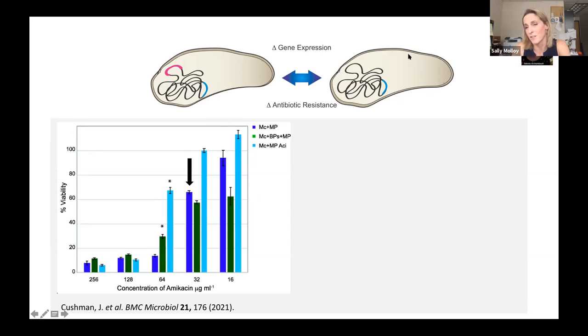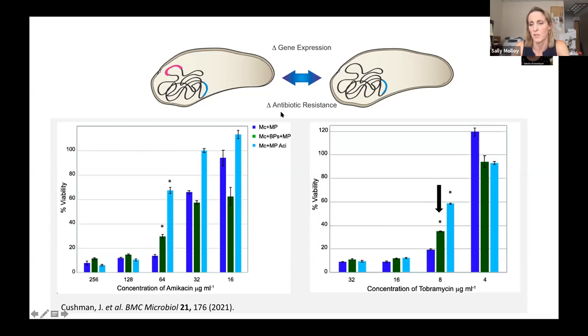As a positive control, we treated this strain with acivicin, which we knew would turn on YB7 and increase resistance, and that's what we saw. So an increase of an MIC to 64. But our double lysogen also grew at 64 micrograms per mil. And so the presence of the second prophage increased the drug resistance. We saw the same thing with tobramycin.